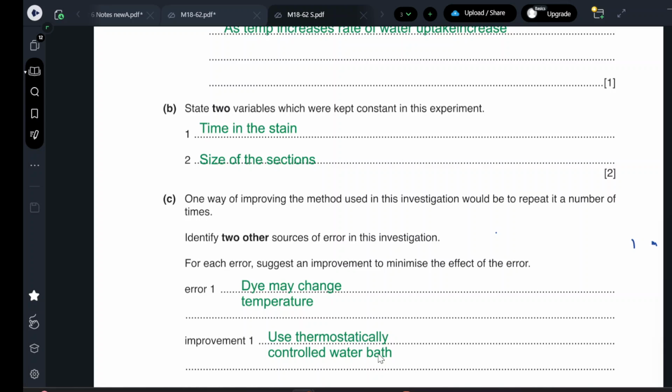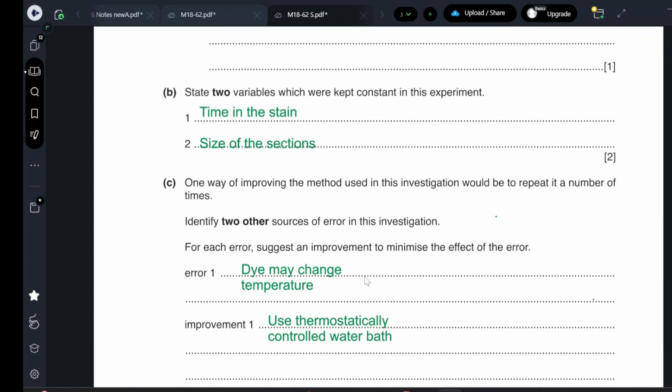The second error was about the size of the sections. If I have a stem and the xylem inside, the stain moved up the xylem, for example, 13 millimeters. We are going to cut 5 millimeter sections. So the first 5, you will still see the stain.